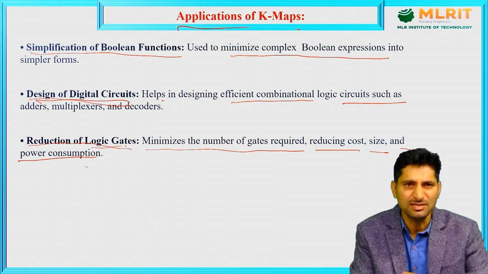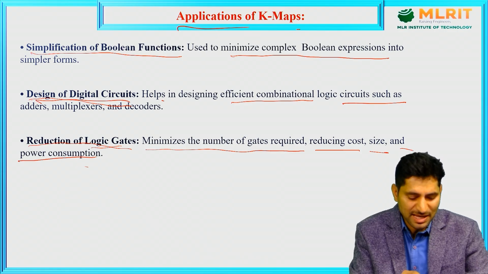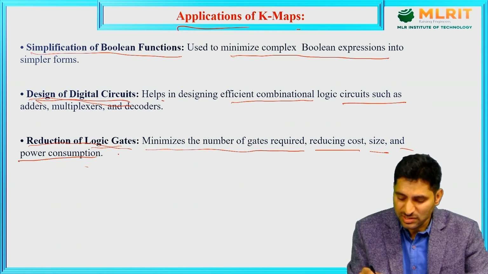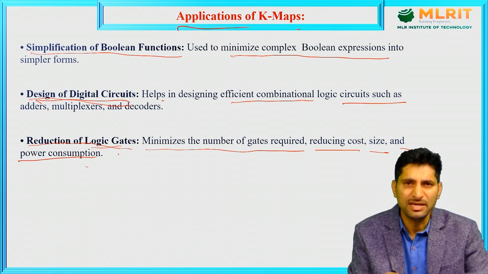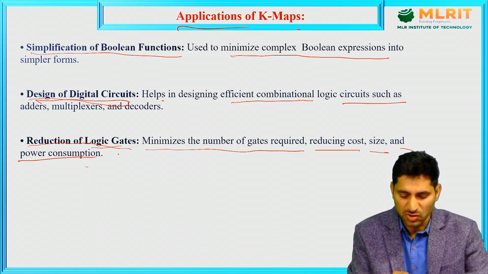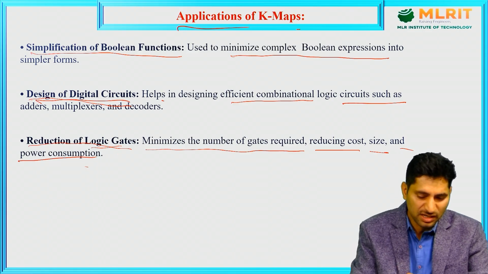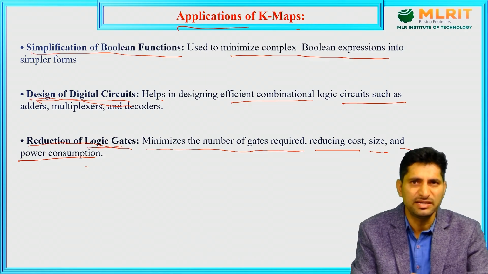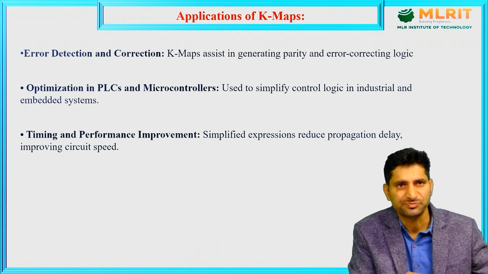Obviously, minimizing logic gates reduces the circuit complexity, meaning the internal components and connections are reduced. To obtain this we minimize the logic gates, and in that reduction we use K-maps.